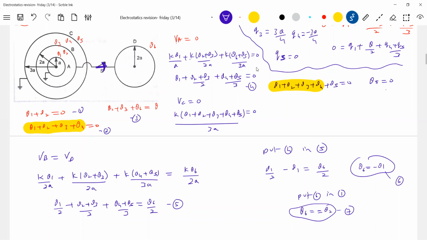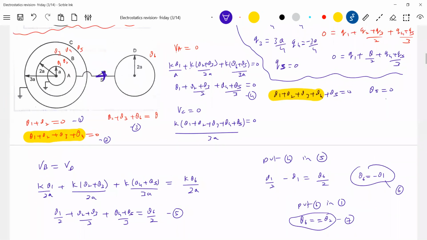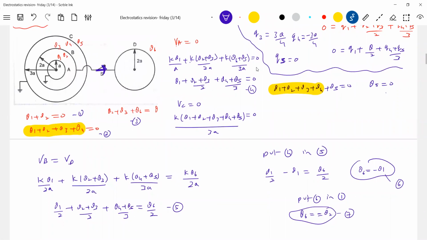Q2 plus Q3 will give a relationship. We need one more, no? Let me try. We'll get it after solving. All the equations I wrote, no? One charge. One more: Q3 plus Q4 equal to 0.